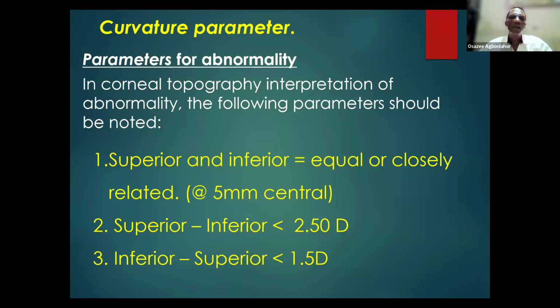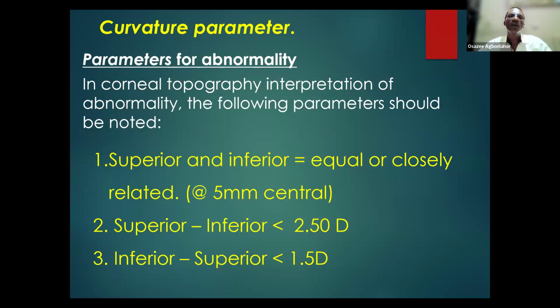Now, somebody may ask why the lower one? Remember I told you that normally the apex of the cornea, which amounts to the steepest part of the cornea, is usually not centrally located. It's slightly displaced inferiorly. So usually you may have some more inferior steepness compared to superior steepness, and that is why you can see variability here.